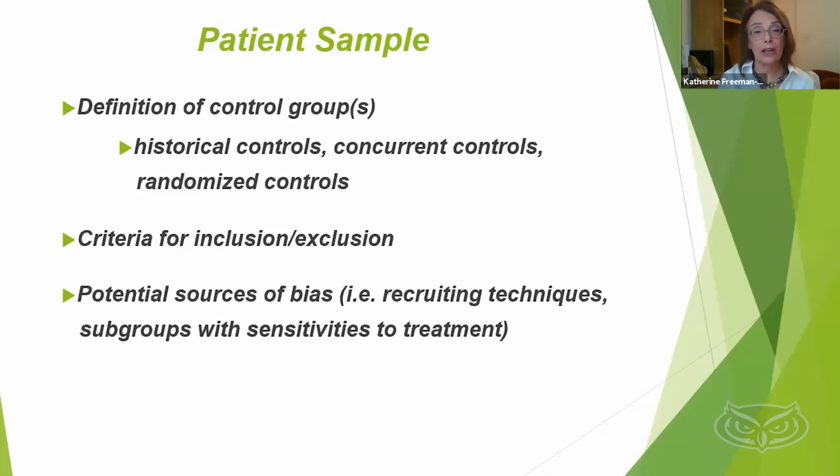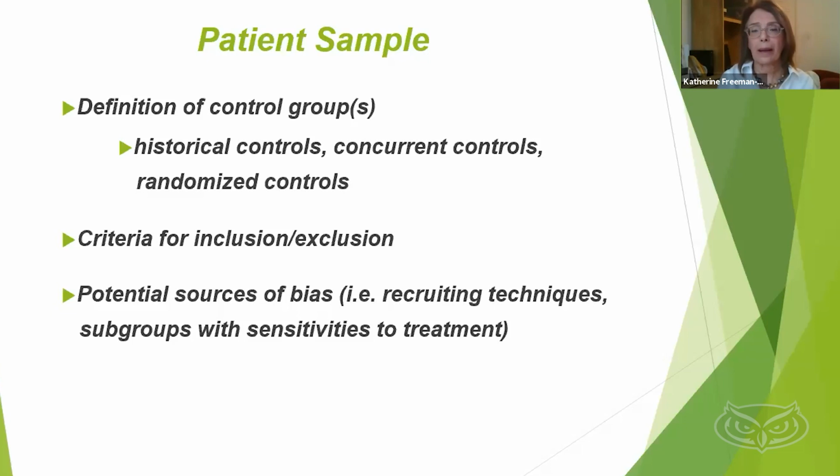Randomization is a method of assigning participants to different treatment groups that avoids bias, and we'll get to that a little later. We want to define inclusion-exclusion criteria, and we'll go through that shortly, and look for sources of bias in recruiting participants into the study.